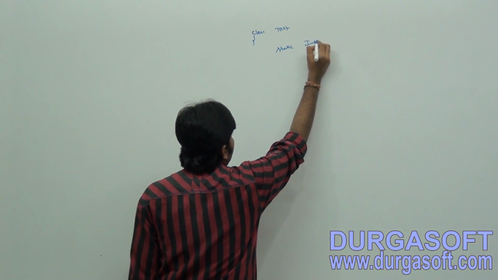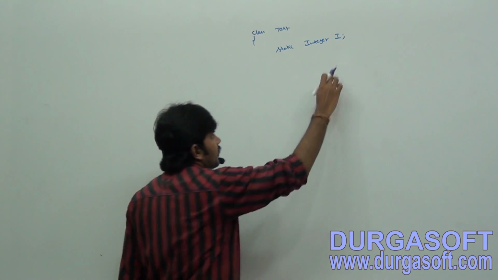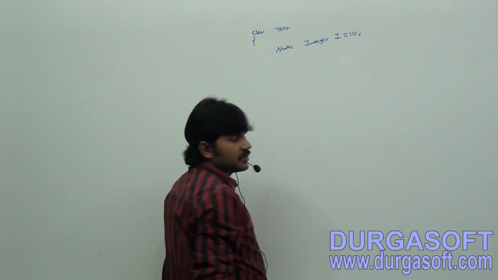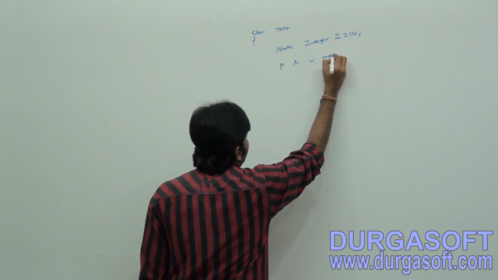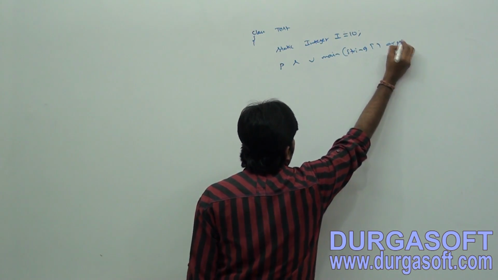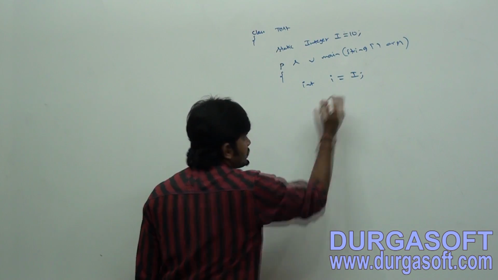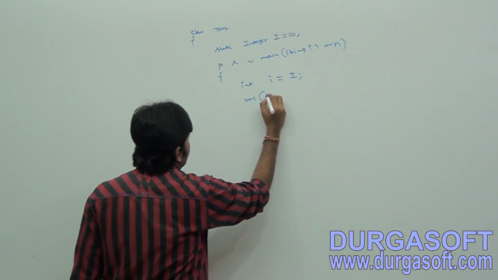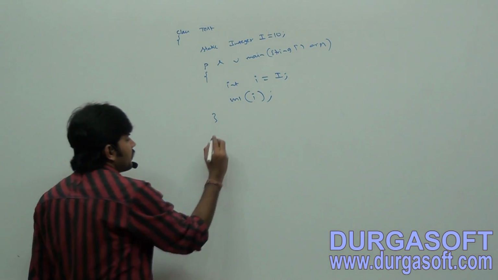Static Integer I is equal to 10. Public static void main string array args. Int i is equal to capital I. Next I am calling the m1 method by passing I as the value.